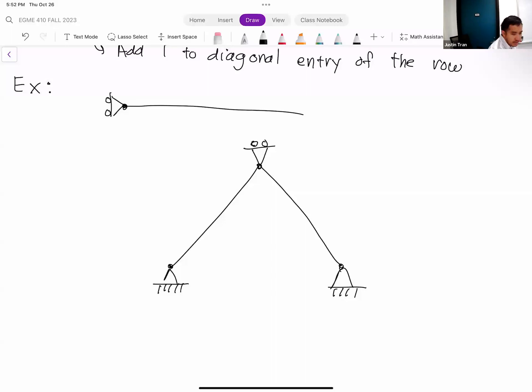This would be a situation where, if you apply a horizontal force here, you'd be able to get a non-trivial solution where you wouldn't have to artificially constrain the problem. So it doesn't always happen that you have to artificially constrain a problem with rollers. It's just that with this particular configuration, we have to add an artificial constraint in order to get it to work. Okay.